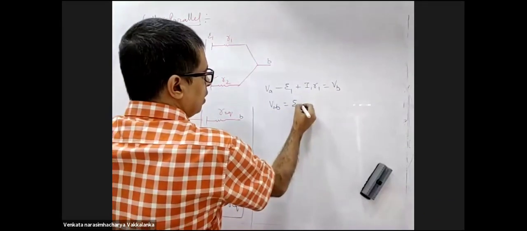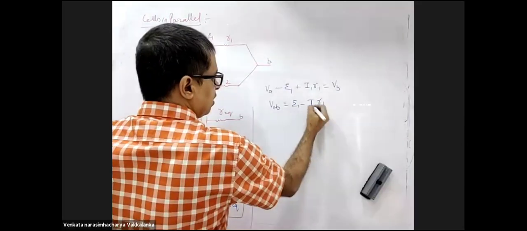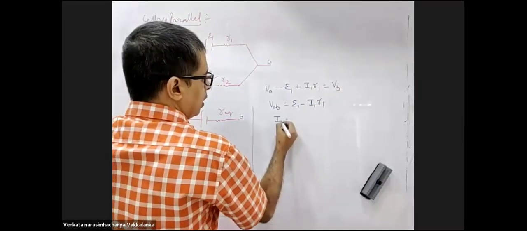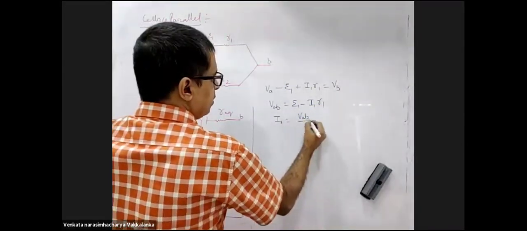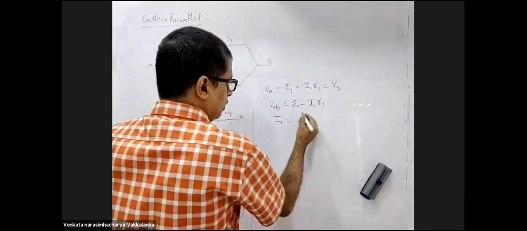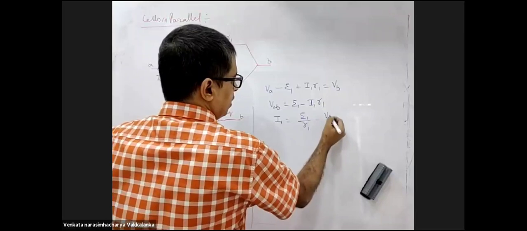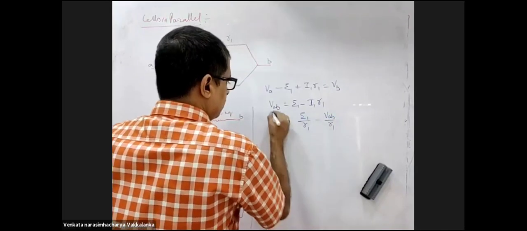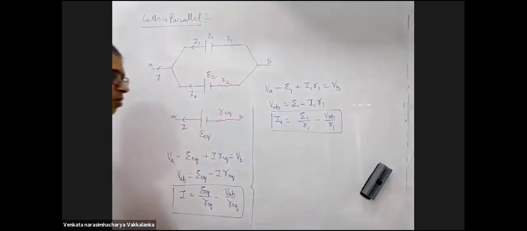VAB is equal to E1 minus I1 R1. I1 is E1 by R1 minus VAB by R1. This is my second equation.